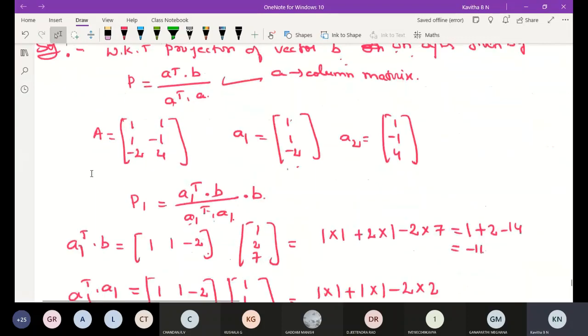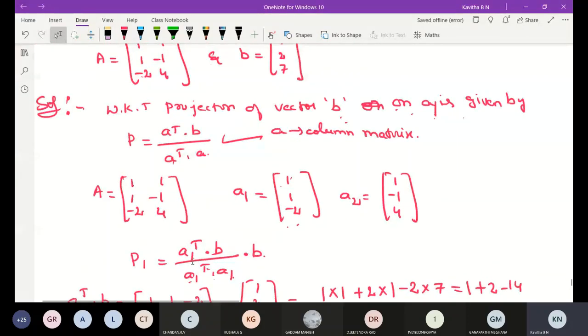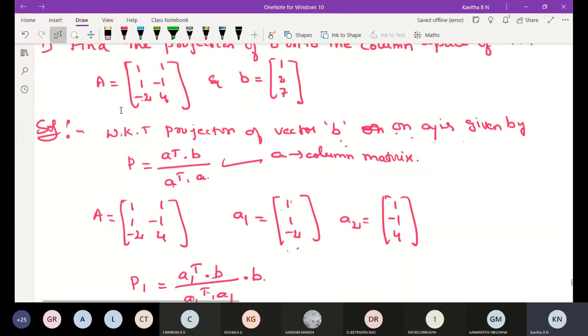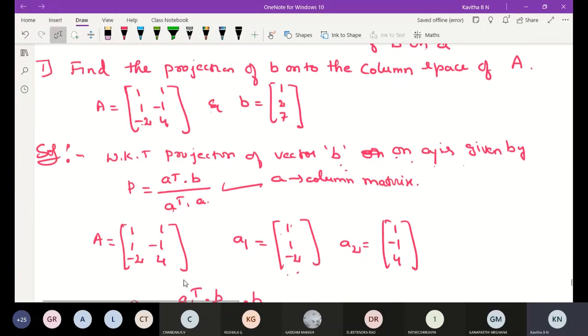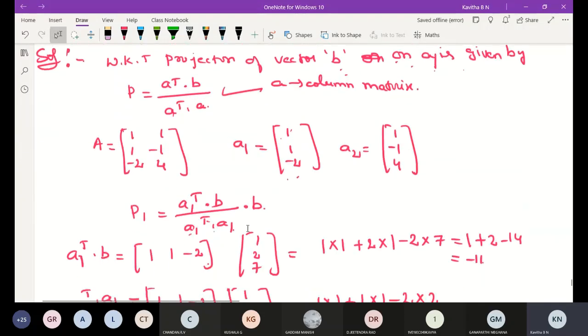The formula is P equal to A transpose dot B divided by A transpose dot A. Here A is a 3 cross 2 matrix, which means A1 is equal to 1, 1, minus 2 and A2 is equal to 1, minus 1, 4. Then P1 is equal to A1 transpose dot B divided by A1 transpose dot A1, into B.